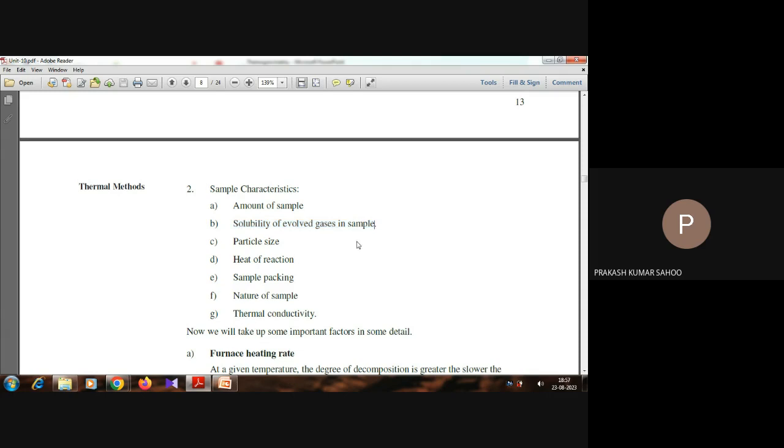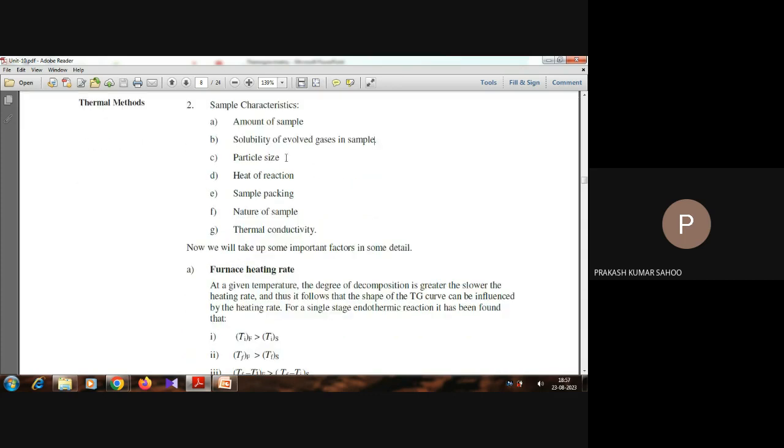So we should remember that the gas evolved should not be soluble in the sample. That is, carbon dioxide must not be soluble in calcium carbonate. And particle size, heat of the reaction, and sample packing are also important factors.